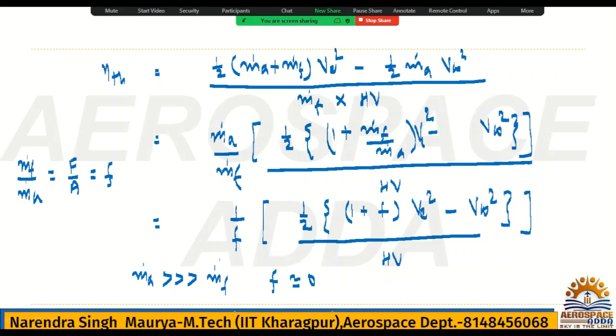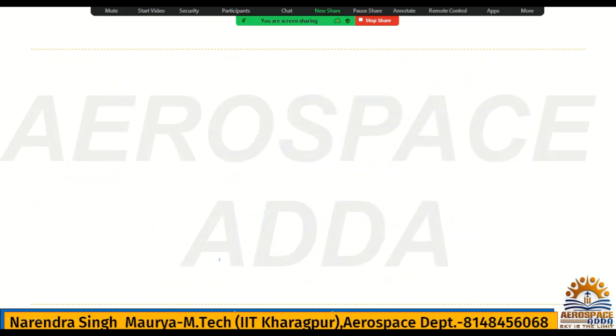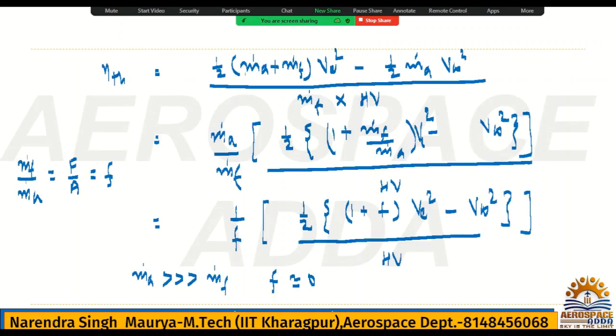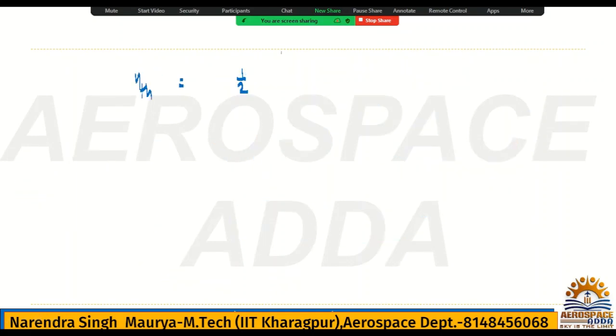So here you can write eta th, the thermal efficiency, and this value will be 1 by 2, and you can neglect f, so you will have ve square.